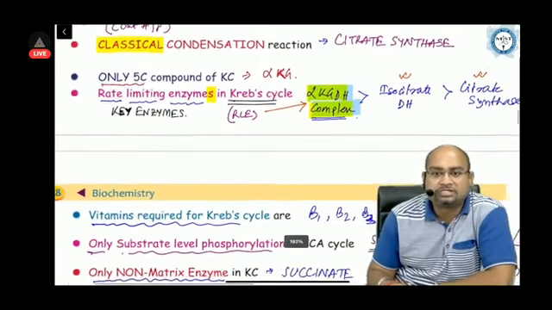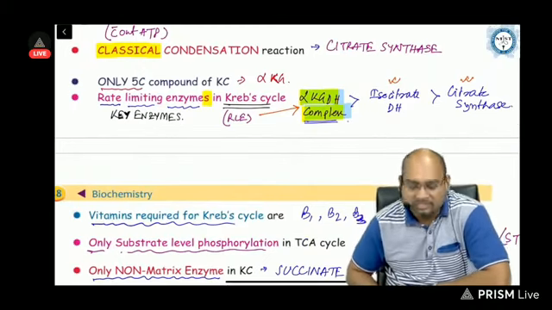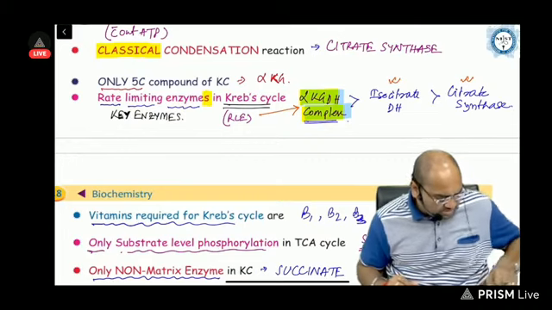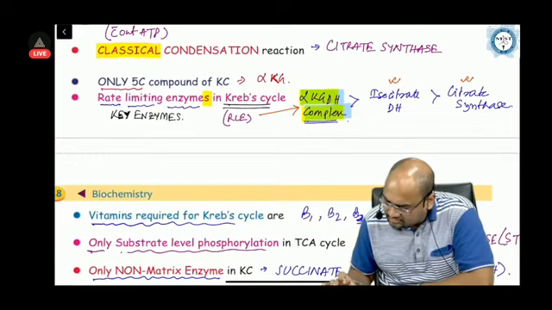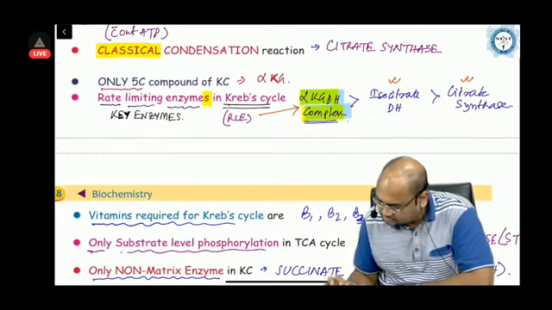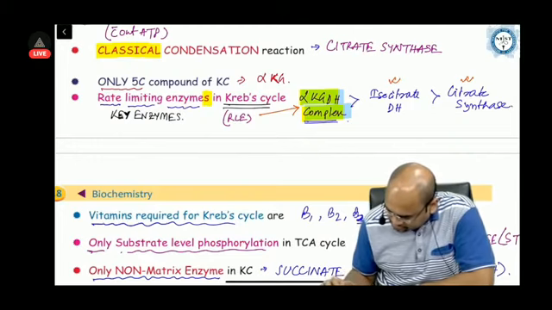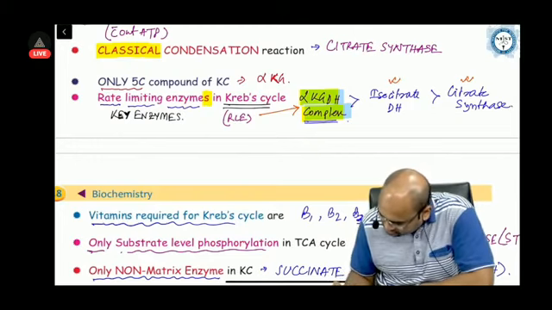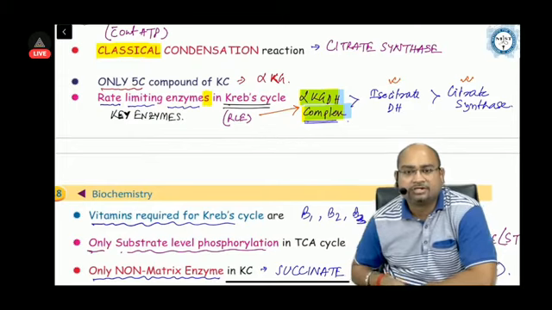Okay. So we were discussing the question that has been asked from this Krebs cycle by beta G. That the only 5-carbon compound is the alpha ketoglutarate. We have also studied the rate limiting enzymes, beta.